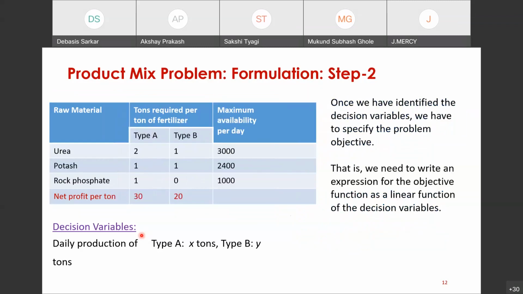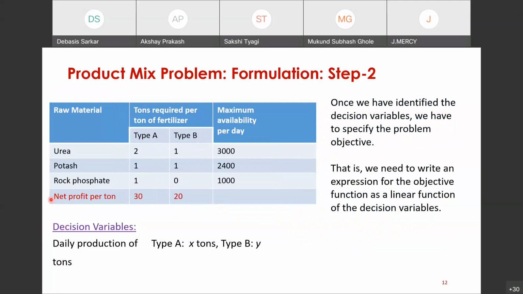Step 2 is my objective function. So the objective function will be what? Maximization of profit. So I want to find a production schedule such that my profit is maximum.